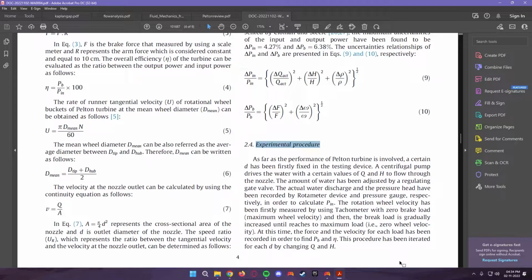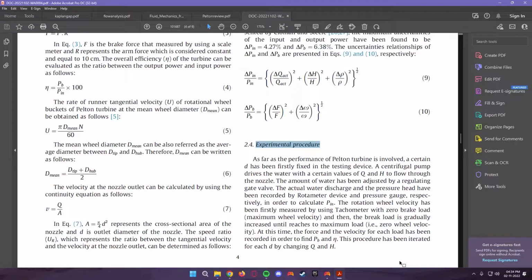Experimental procedure. As far as the performance of the Pelton turbine is concerned, a nozzle of diameter D has first been fixed in the testing device, a centrifugal pump, the nozzle, and the amount of water adjusted by the regulating gate valve. The actual water discharge and pressure have been recorded by the rotameter and pressure gauge respectively.